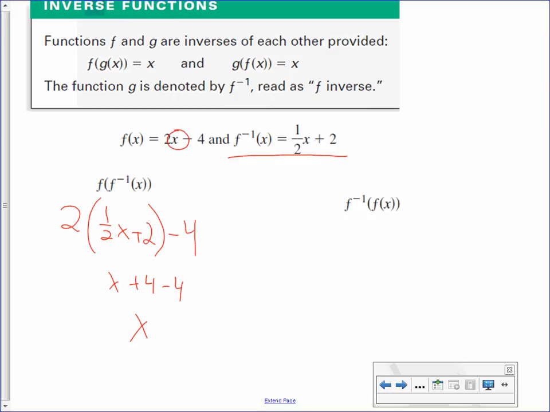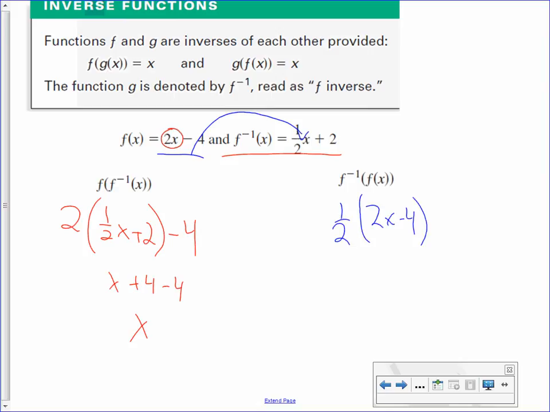When you do the same thing on the other side, take f of x and substitute into here. 1/2 times 2x minus 4 plus 2.